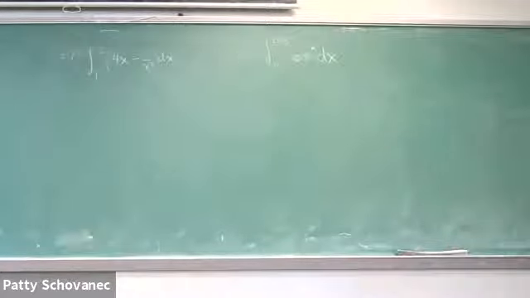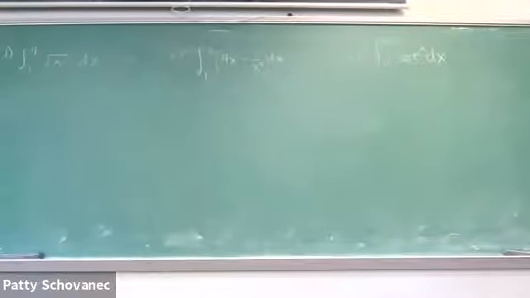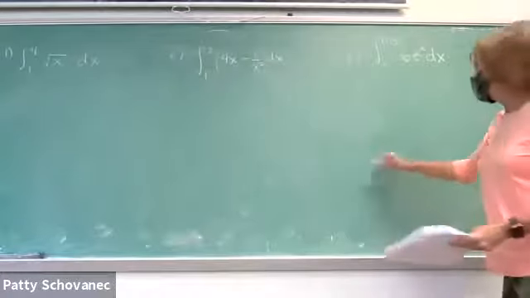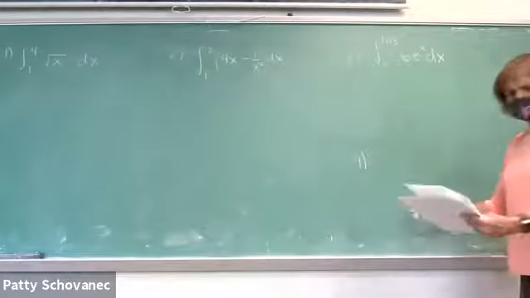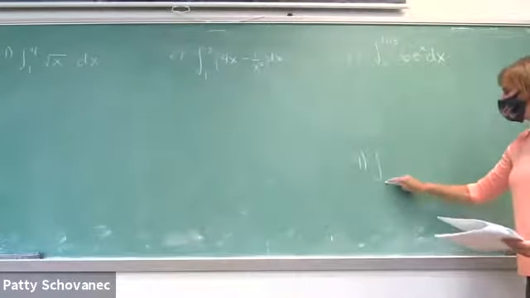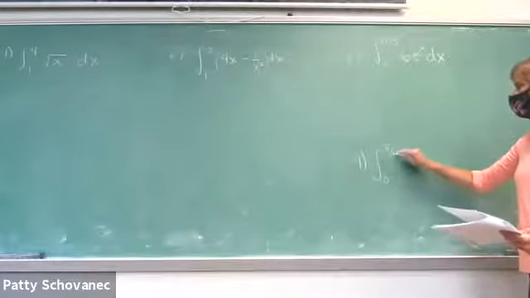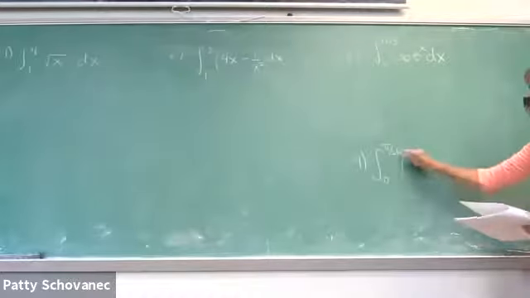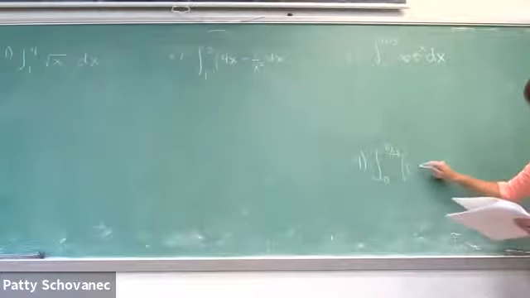And then the fourth one, I'll put right here. Integrate from 0 to pi over 4, cosine of x minus the sine of x.